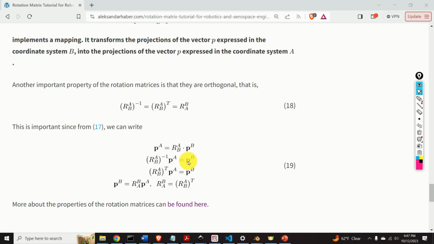As the result, we obtain this equation. Now, by using the orthogonality, we obtain this equation, and finally we can say that PB is RA with respect to B, PA. That is, this matrix is the rotation matrix that transforms P in A into the P in B. And that's why we can change the superscript and subscript indices.